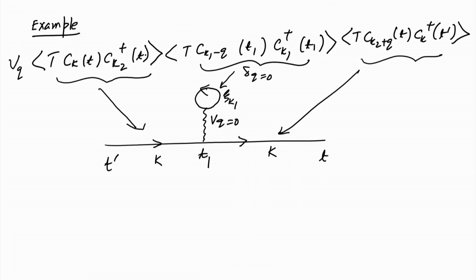Then there is an interaction vertex which carries no momentum, connected to a fermionic bubble, and then the propagator carries on with a momentum k from time t 1 to t.